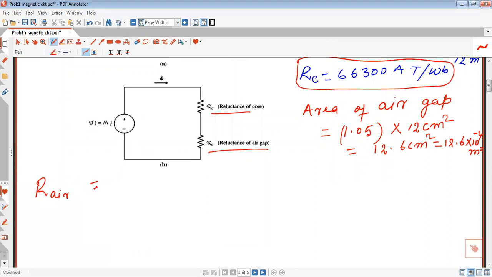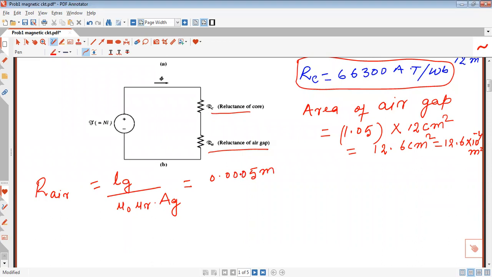So we have to use the formula: length of the gap divided by mu naught into mu r, multiplied by the area of the air gap. The length of the gap is given here, 0.0005 meter.